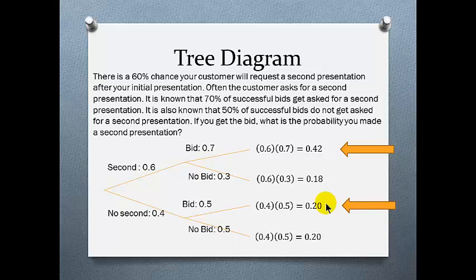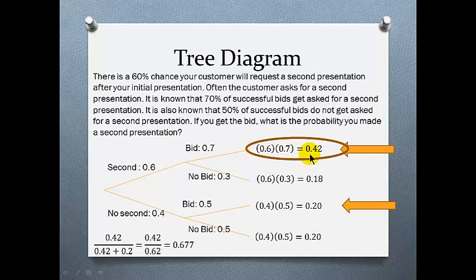The numerator is the probability that I made the second presentation and the bid, that happens to be this one. So that 0.42 goes in the numerator over the sum. Adding the two parts together in the denominator gives us 0.42 over 0.62. There is a 0.677 chance that I had to make that second presentation.